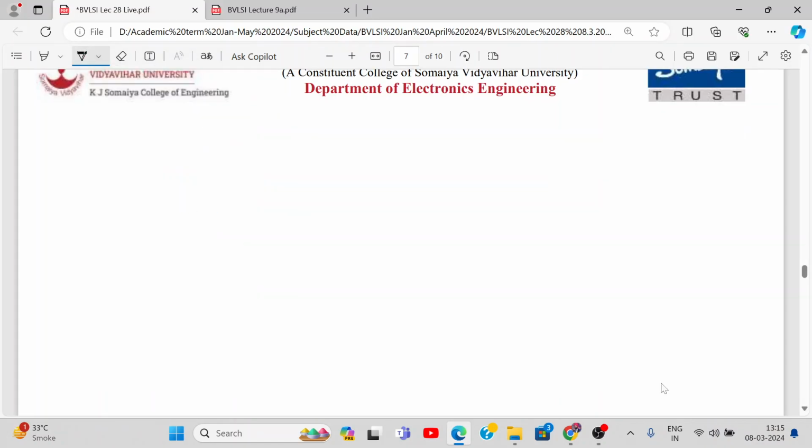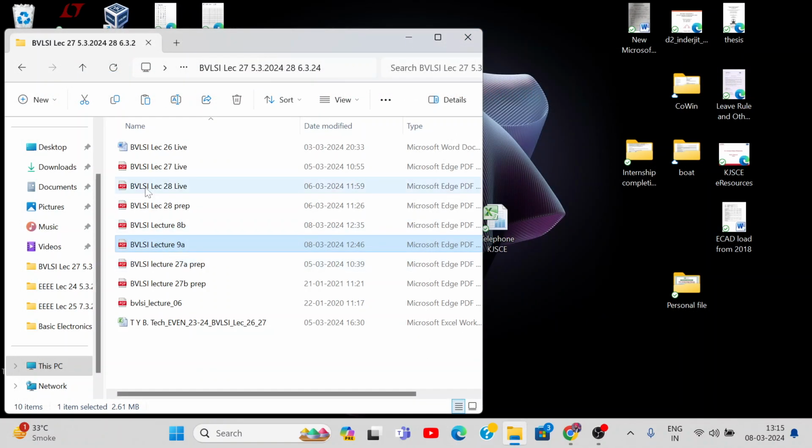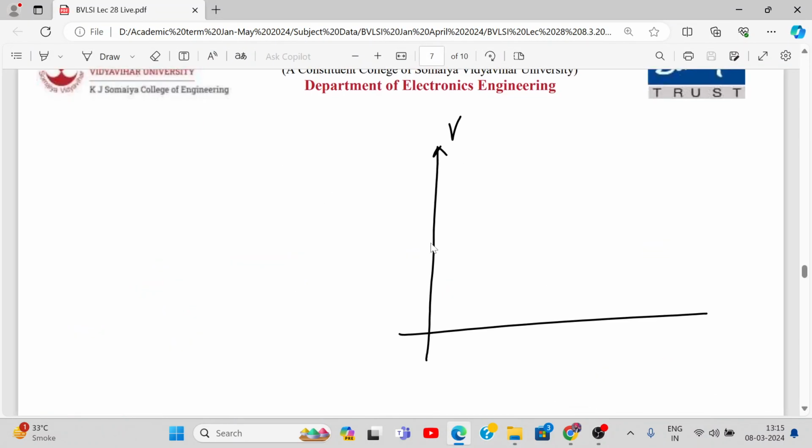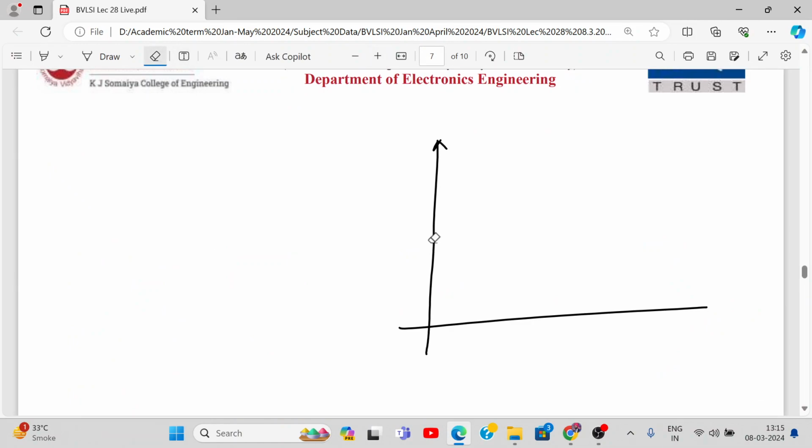See here. Now I'll draw all of it together. This is my output characteristics. Wait a second. Let me just open this document again. Yeah, this is ID, this is VDS, and you get a curve which is like this, right?